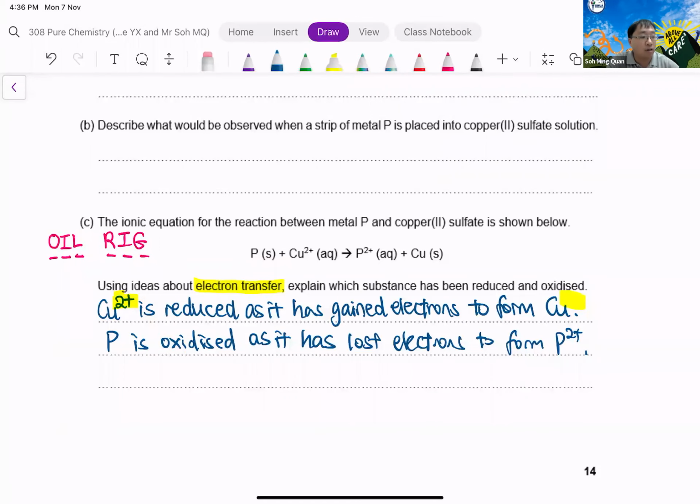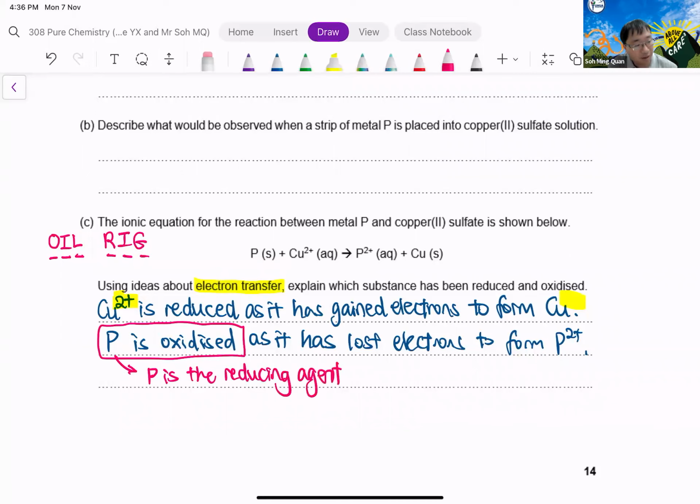The one that is oxidized, P in this case, tells you that P is the reducing agent, because we have learned that reducing agents are themselves oxidized. Okay, so that's the intersection between metals and redox. Basically, every single metals question, if you look at the TYS, has redox inside. So redox and metals are really just one topic, if you like.